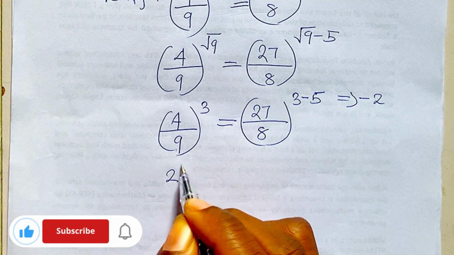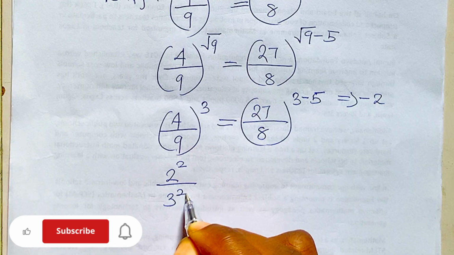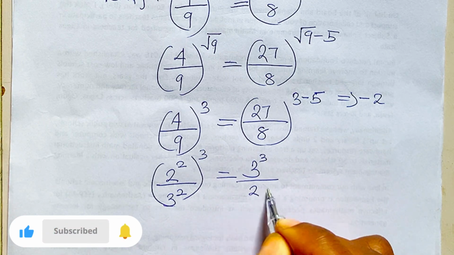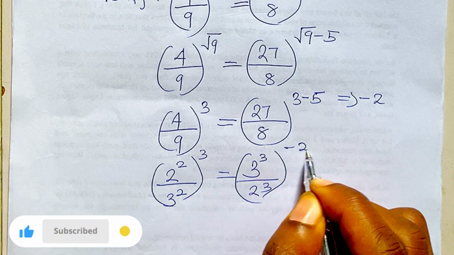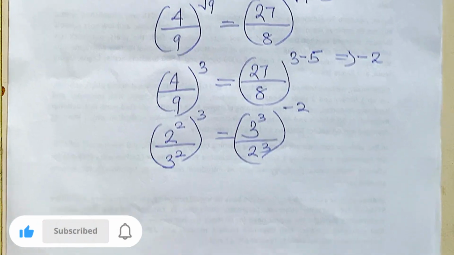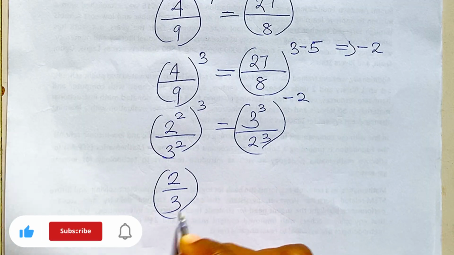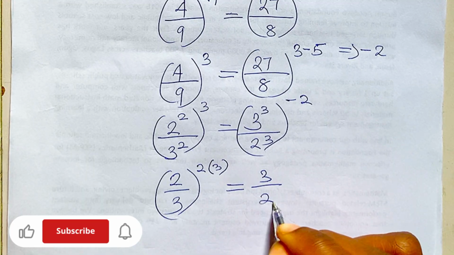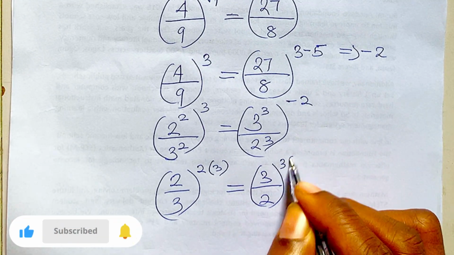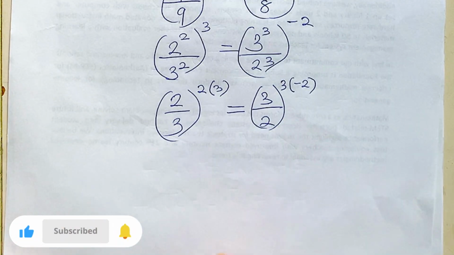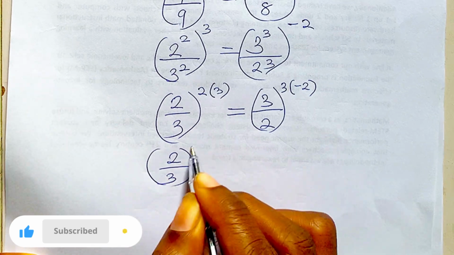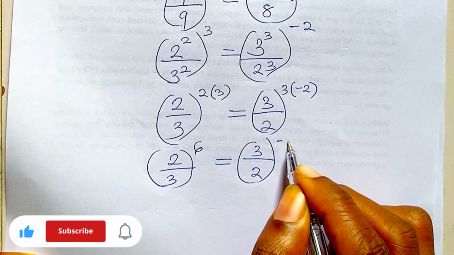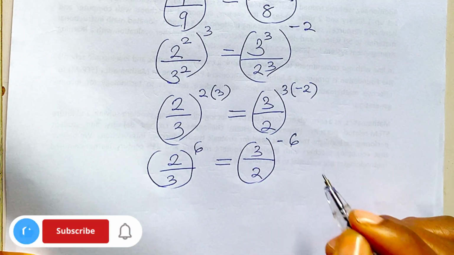So this can be written as (2²/3²)³ equal to (3³/2³)^(−2). Now we'll say (2/3)^(2·3) equal to (3/2)^(3·(−2)). So this is (2/3)^6, and it is equal to (3/2)^(−6).